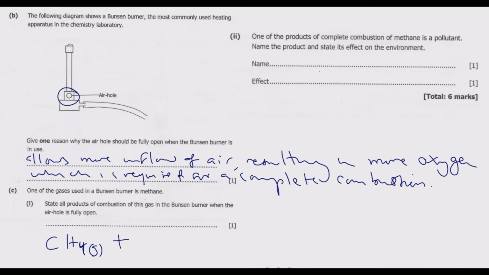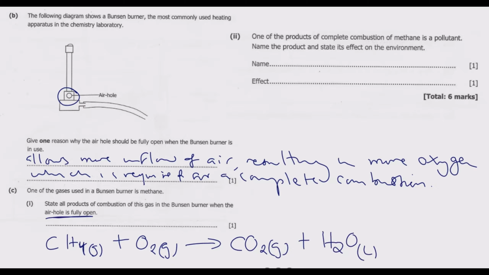When burned in air, it reacts with oxygen to give carbon dioxide. Because it's fully open, there is complete combustion, so it gives carbon dioxide gas plus water, which is a liquid.